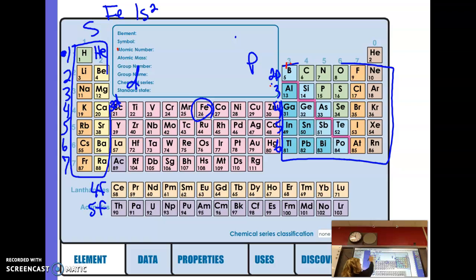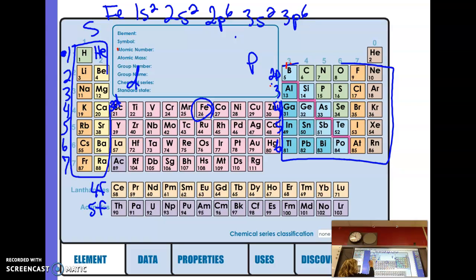We go 1s2, then we move to 2s2, moving straight across to 2p6, 3s2, 3p, p orbitals hold 6, it's filled with 6.